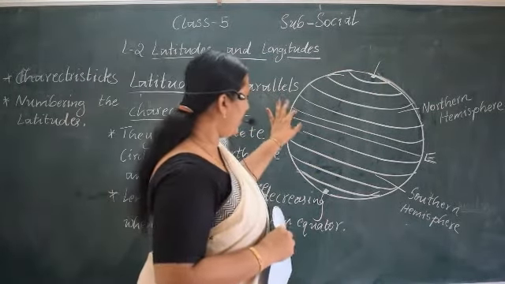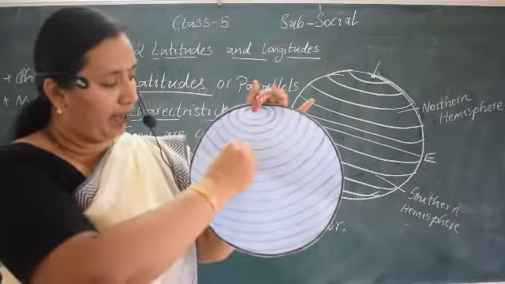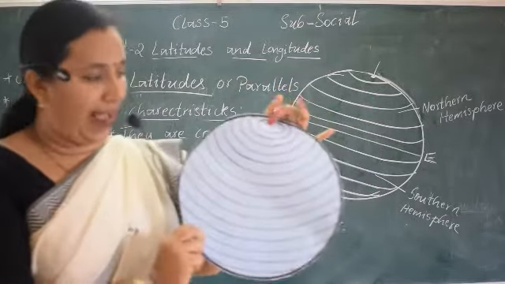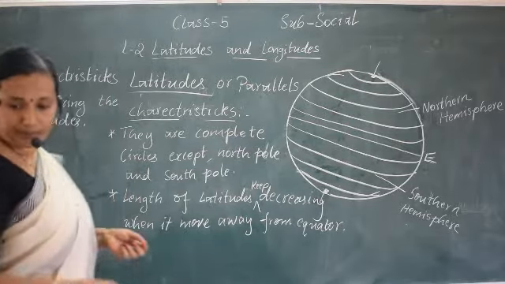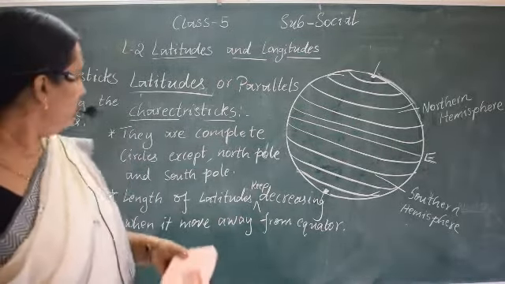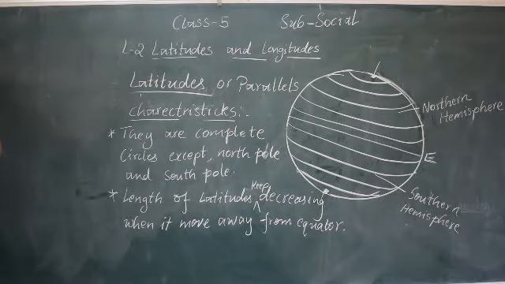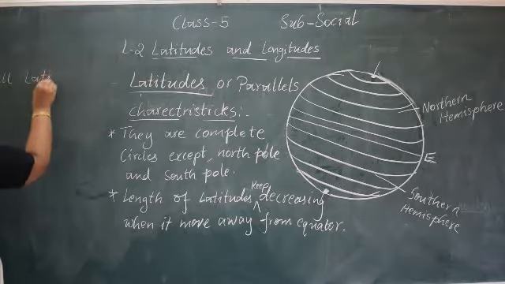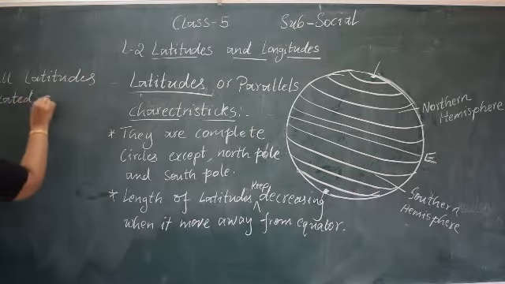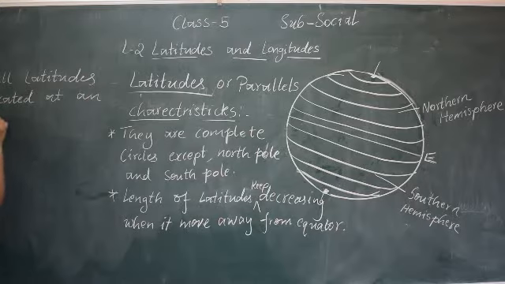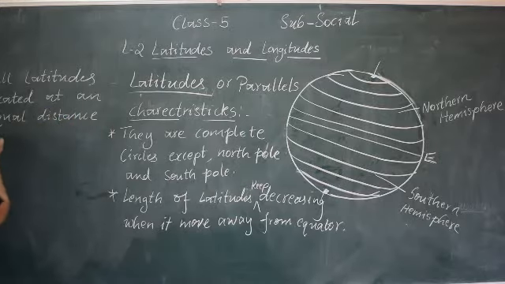Here you can't see the equal distance because I just drew it to help you understand, but look here, you can see the equal distance between one latitude and another. I'll write the third one here: all latitudes are located at an equal distance from each other.